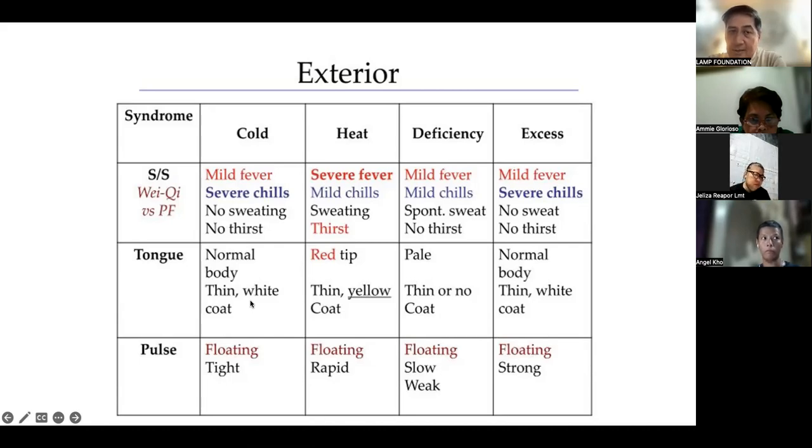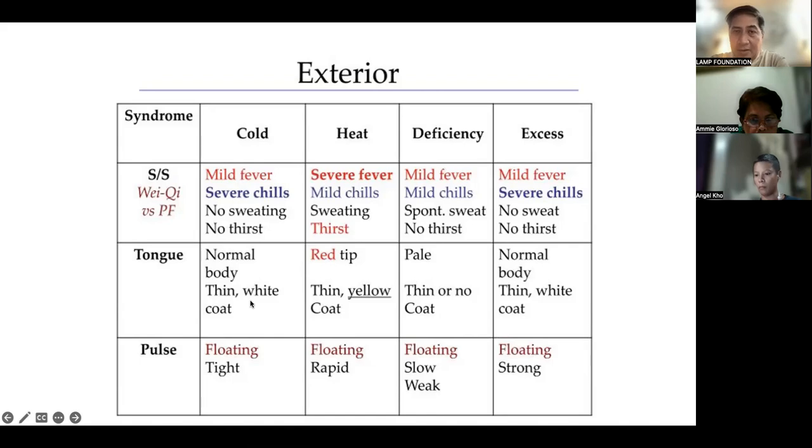No sweat, no thirst. Because there's nothing happening. Walang giyera nangyayari. Di ba ano pa pinag-aralan natin sa excess? Andyan yung pathogenic factor, pero walang kwenta si Wei Qi. Walang giyera nangyayari. Okay? Now let's look at the tongue.